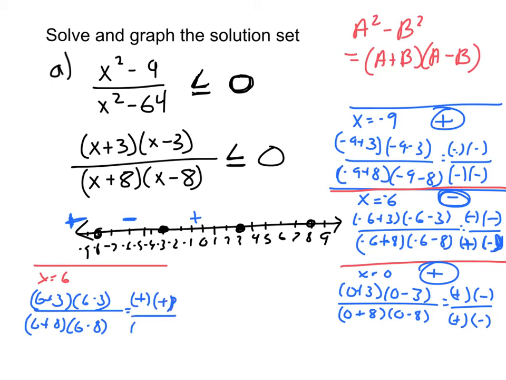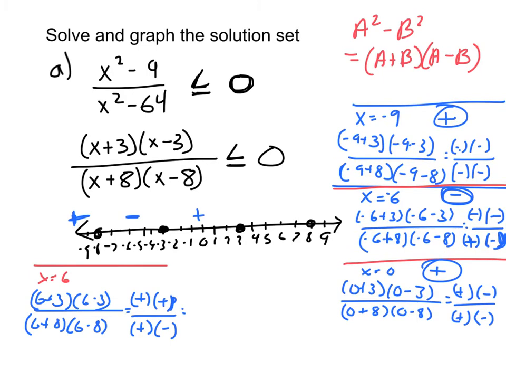And then on the bottom, positive, negative. 6 minus 8 is -2, right? So I have positive multiplied on top, and then a negative on the bottom. So positive divided by a negative is going to be negative. Okay, so it's going to be negative here. Negative there. Okay.